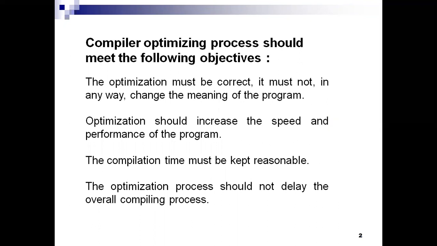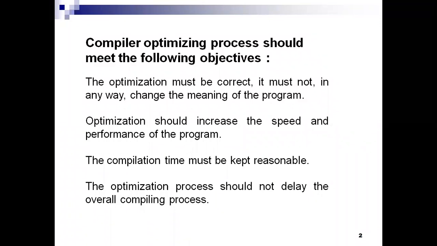And here, once all of you see the slide, after knowing the definition and why we are learning code optimization, the compiler optimizing process should meet the following objectives. If I want to optimize the code, what objectives do I need to follow? The first one is that the optimization must be correct. It must not change the meaning of the program.